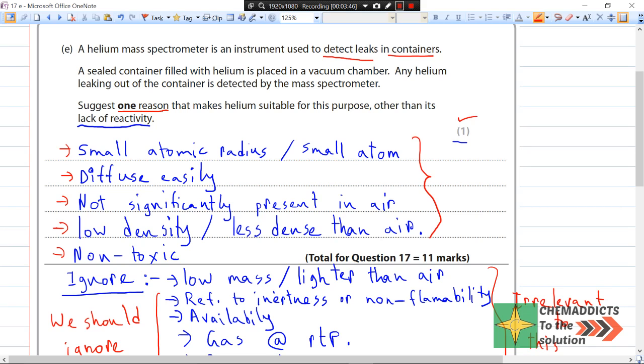The first reason can be small atomic radius, small atom. Why is this an appropriate reason?